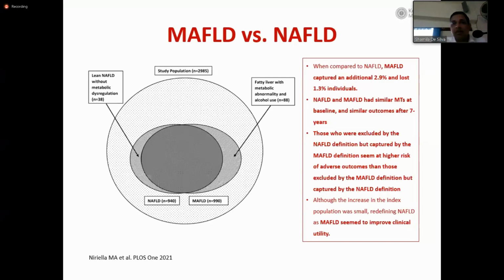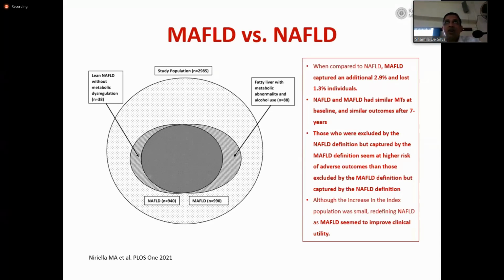But the important thing is that those who were excluded by NAFLD but included by MAFLD did poorly after 7 years. So those are the outliers. The people who were missed by the NAFLD definition but were caught by MAFLD did poorly.